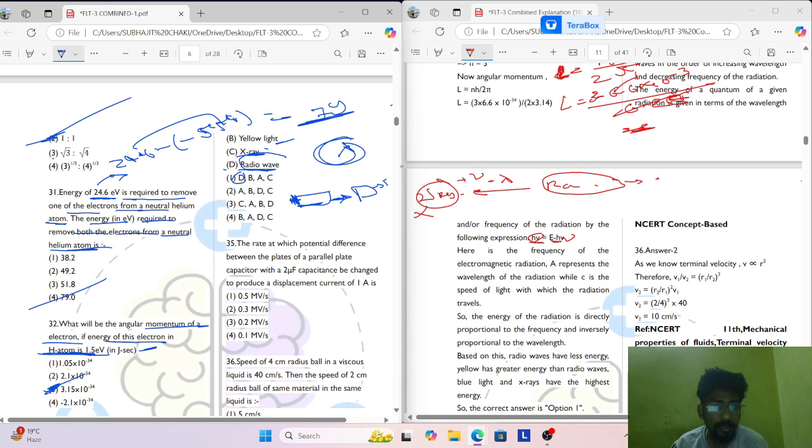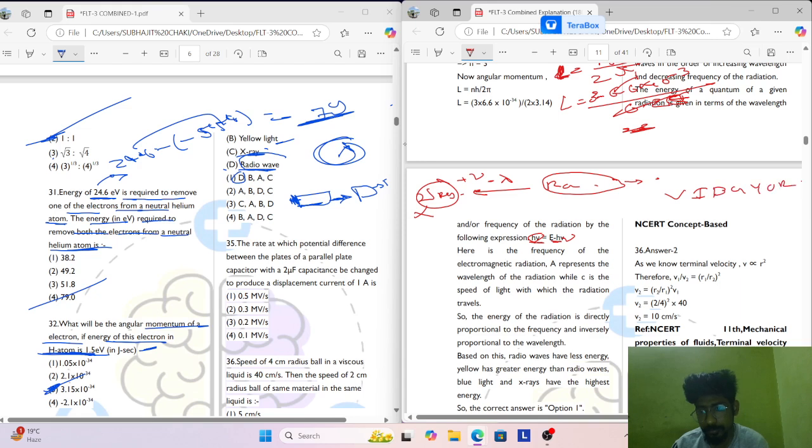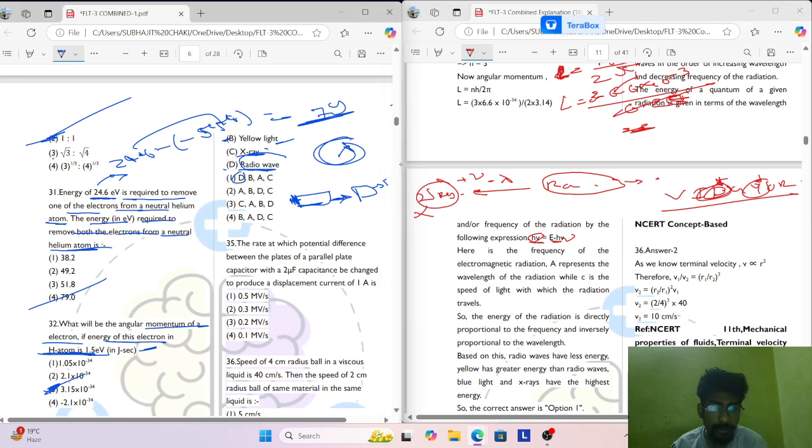Then out of yellow and blue, yellow has the least frequency, blue has the highest frequency out of these two lights. So yellow will be next, then the blue light, then the X-ray. Why X-ray? Because X-ray has the highest frequency.